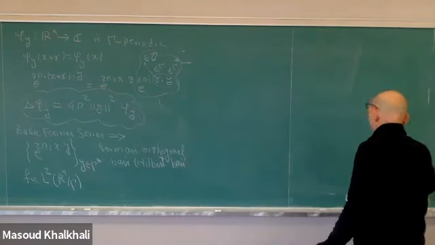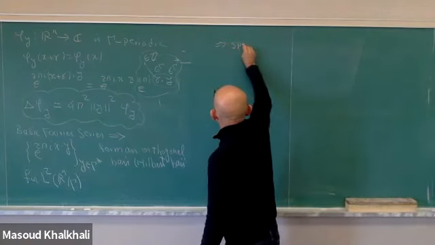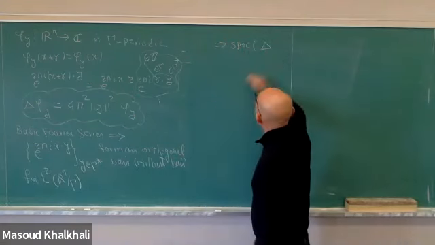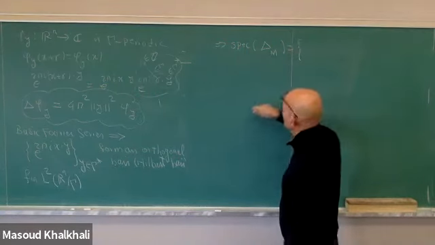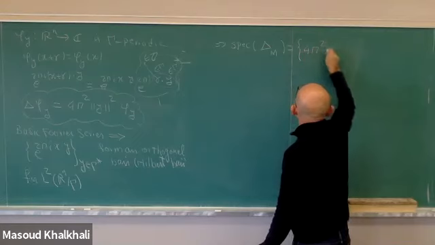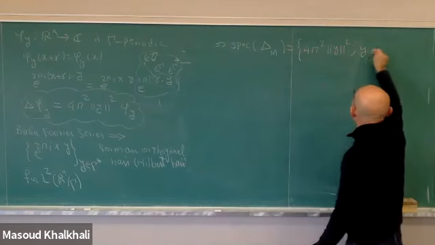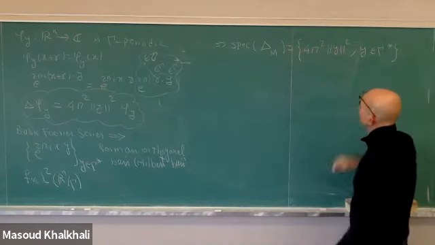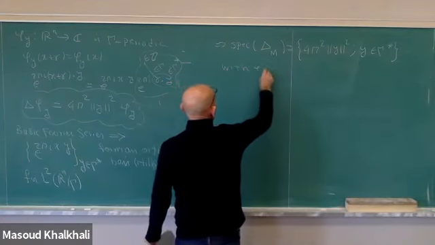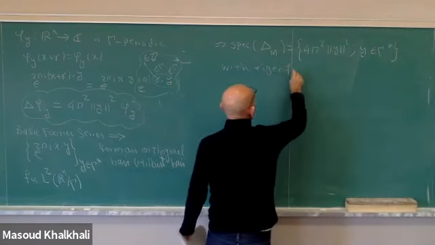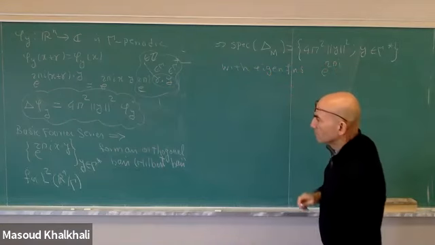So if you believe in this result, it follows that the spectrum of the Laplacian for M is the set 4 pi squared norm of y squared for y belonging to gamma star, with eigenfunctions e to the 2 pi i x dot y.